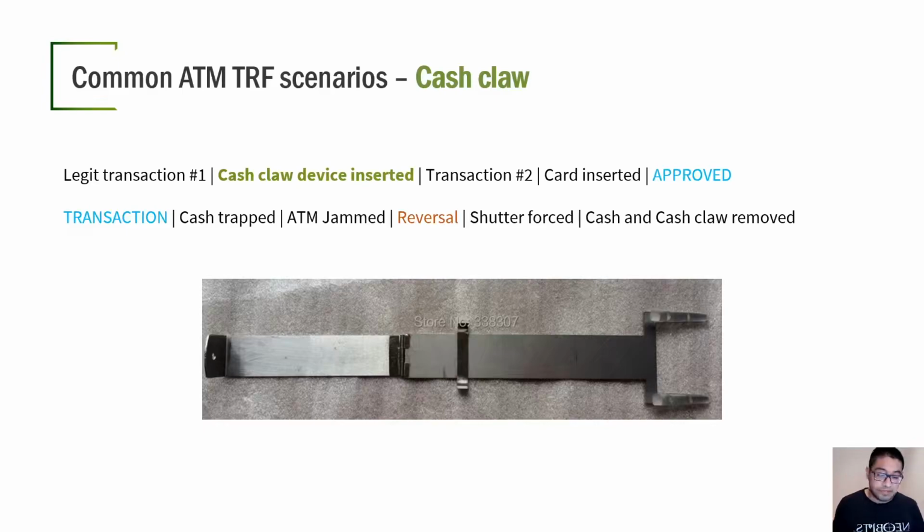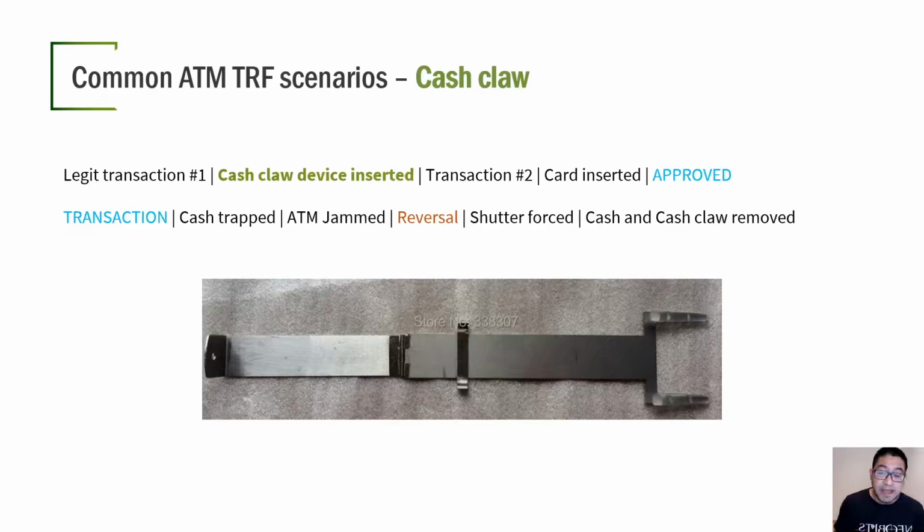We have cash clown that they are using this artifact. So here we need two transactions. A legit transaction number one that will be with a little amount, just like $20. So I will ask the ATM to give me those $20, and when they give me the $20 and the shutter opens, I will insert the cash clown device. Then I take just the money and I end my transaction one.